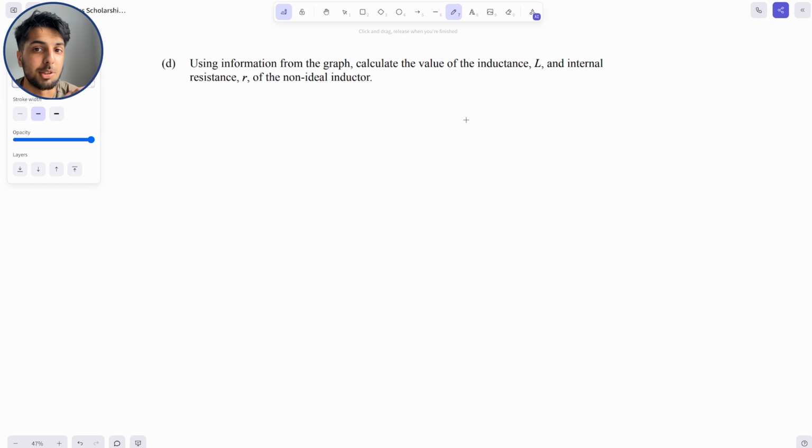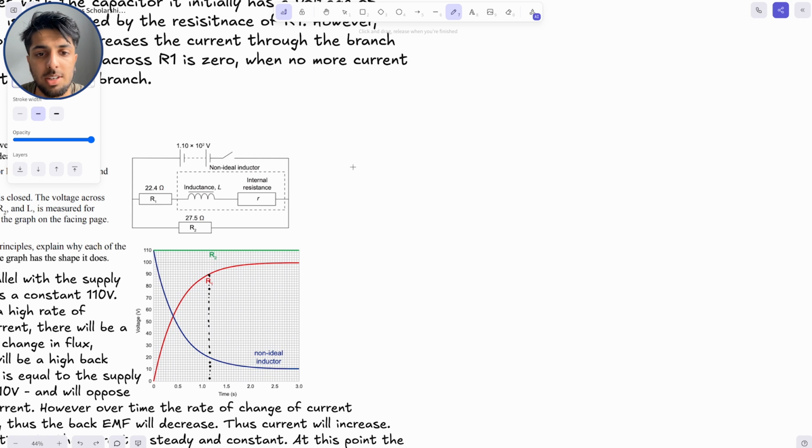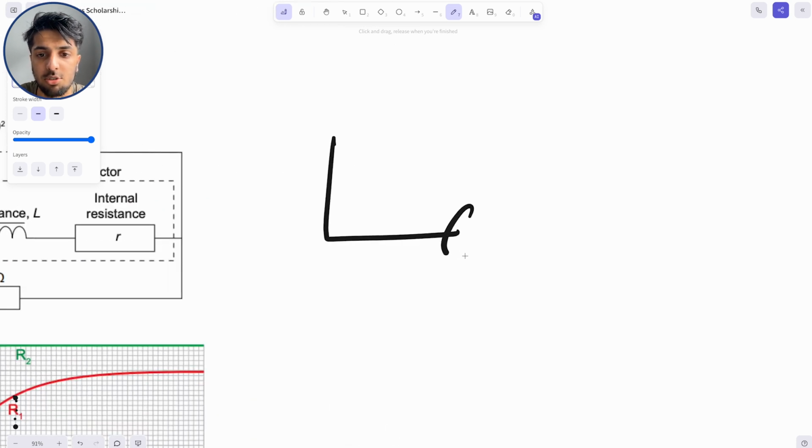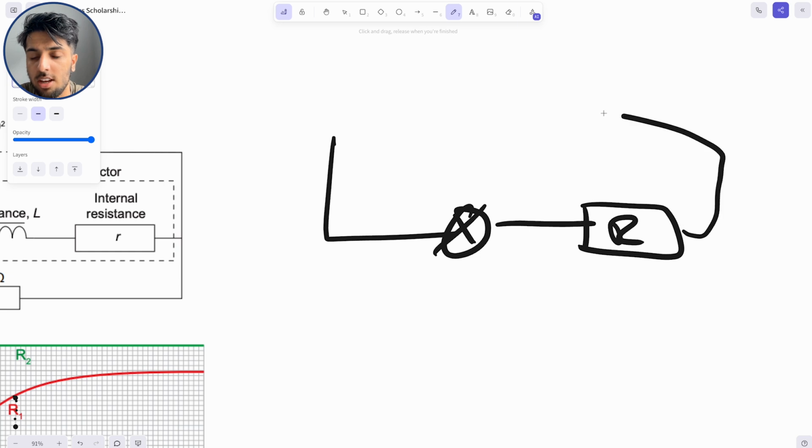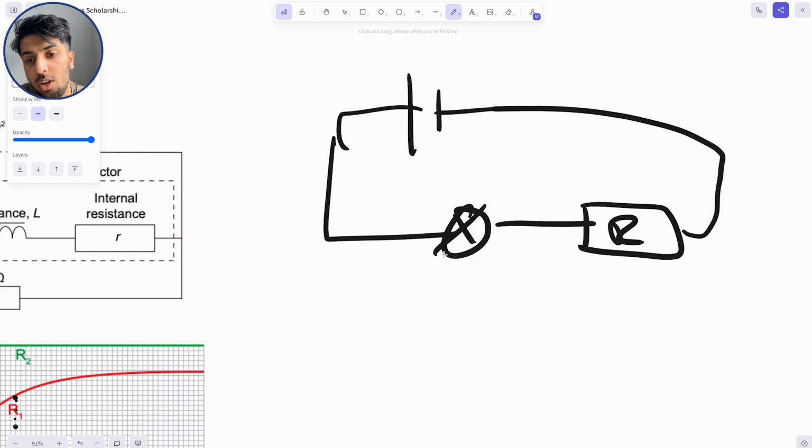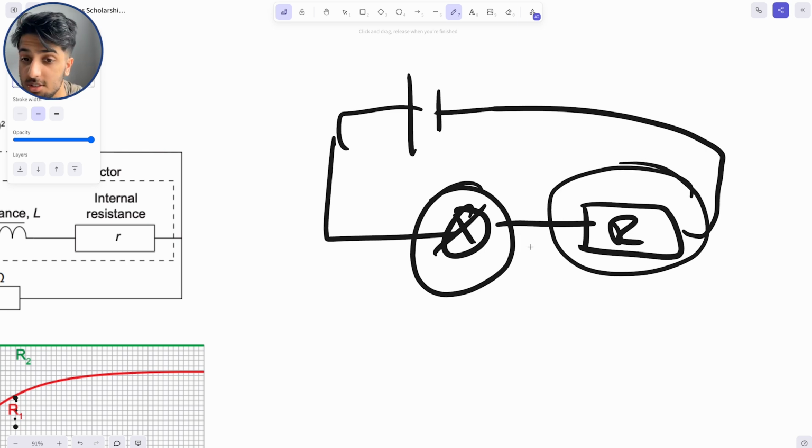Using information from the graph, calculate the value of the inductance and the internal resistance R of the non-ideal inductor. So as we know, in a series circuit, if we draw up a little mini series circuit where we have a resistance, and a bulb, we know in series that the current of this bulb must equal the current of this resistor.